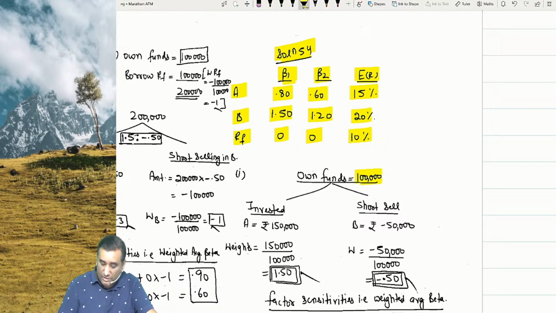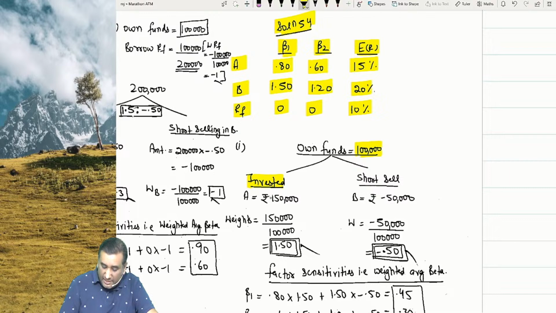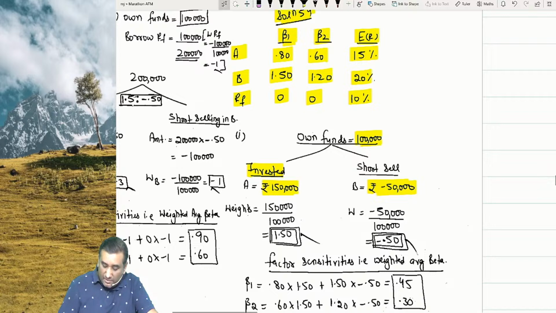Now how much you invested was 1,50,000, by short selling 50,000. So the weight of A is 1,50,000 divided by 1 lakh, that means 1.5 times your own funds you invested in A, and the negative weight here, the weight of B, is minus 0.5.